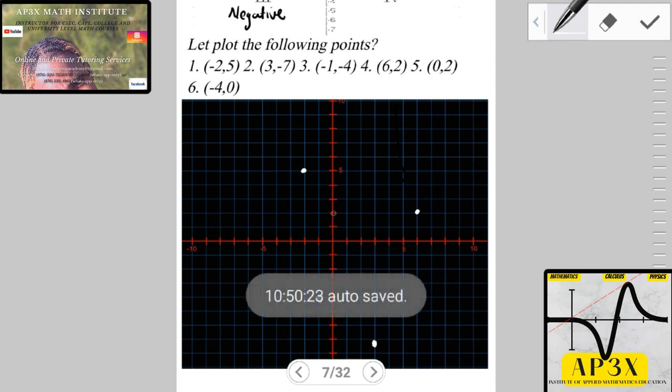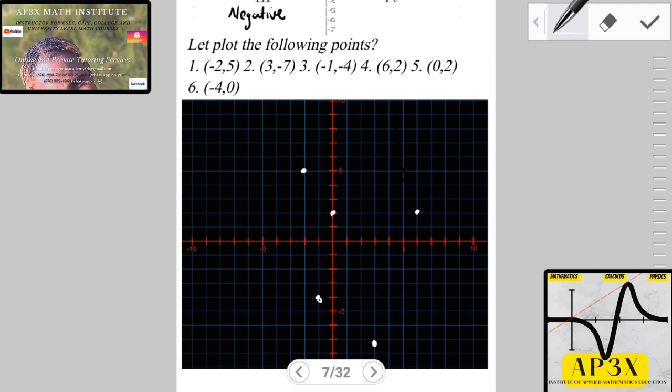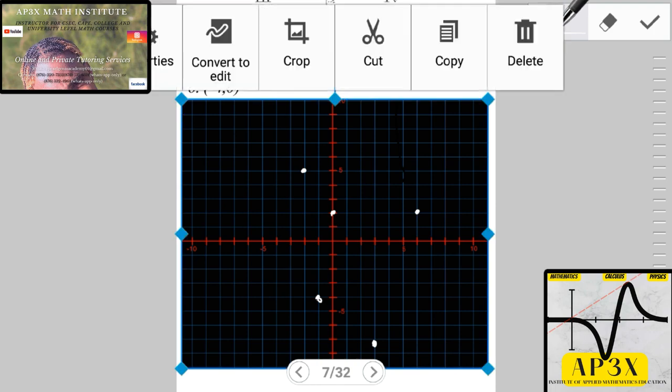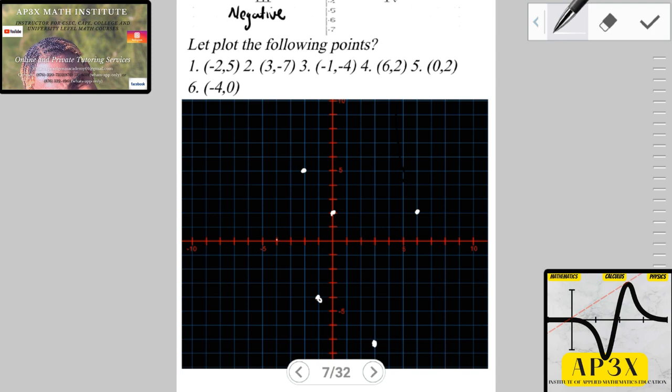So I fall here on the positive y-axis. And negative 4, 0: that is negative 4 in this direction here. Again, I don't have to go up or down because my y value is 0. So here I'll fall on the negative x-axis.